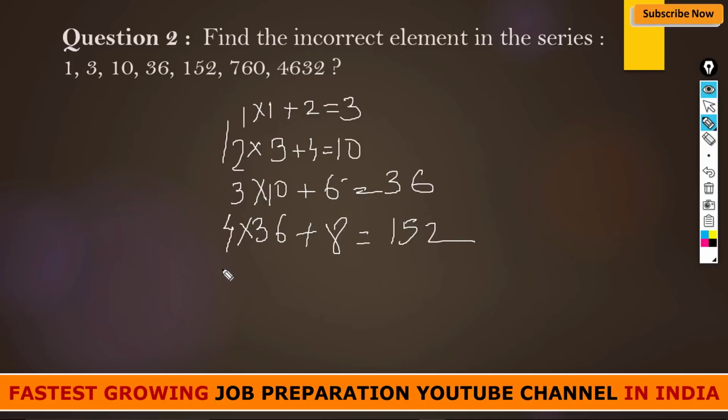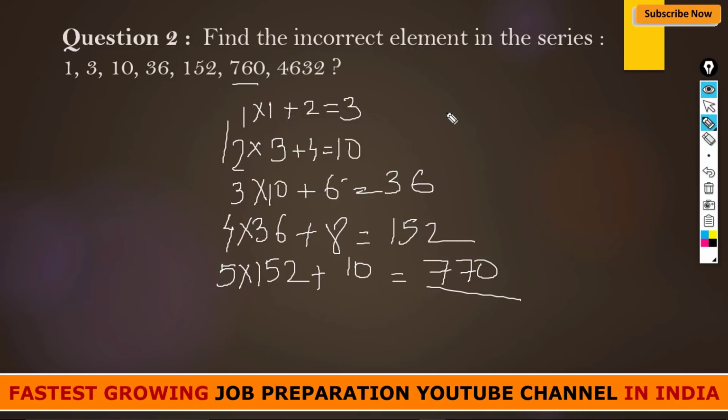So you understood, guys, how to extract the logic from the given series. Now we have to find out the incorrect element here. Now let us do the next number: 152 into 5 plus 10 comes to 770. Now here my number was 760.